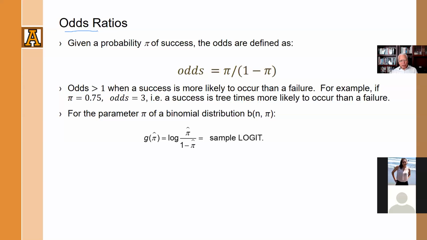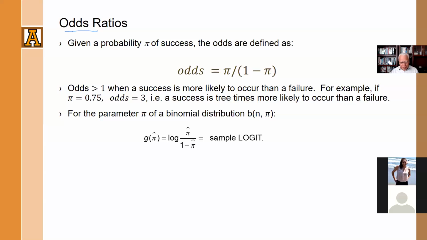If the odds are equal to or very close to 1, success is almost as likely to occur as a failure. So odds greater than 1 means success is more likely; less than 1 means failure is more likely.